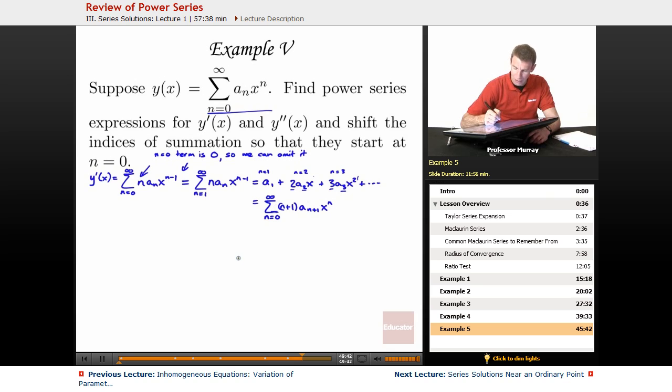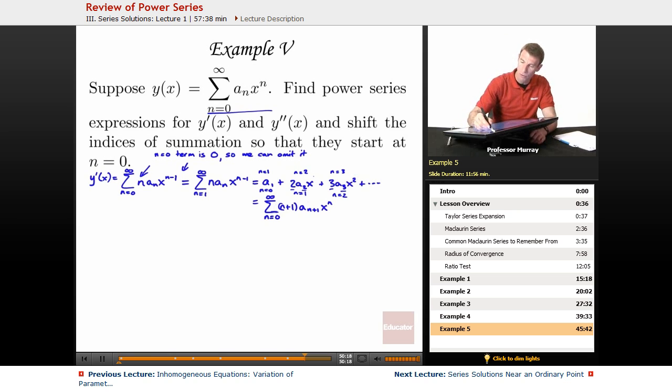Because if I plug in n equals 0 here, I'll get 1 times a1 times x to the 0, which would give me exactly the a1 term here. The n equals 1 term would give me 2a2x. The n equals 2 term would give me 3a3x squared. And so I'm going to end up getting the exact same series that I wrote above. I'm just using a different index of notation to keep track of that.